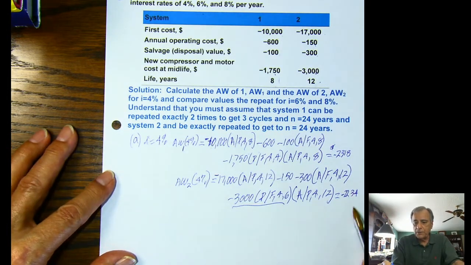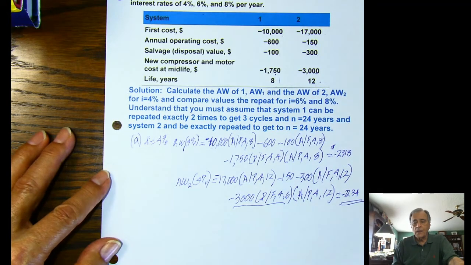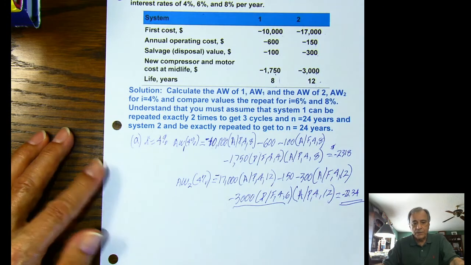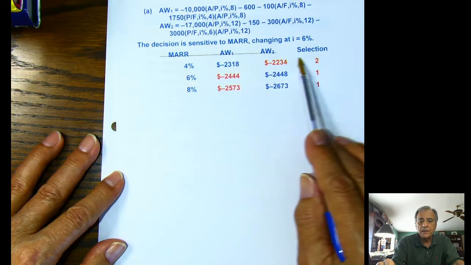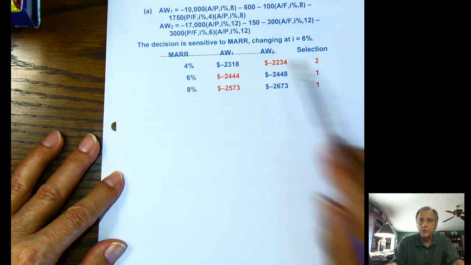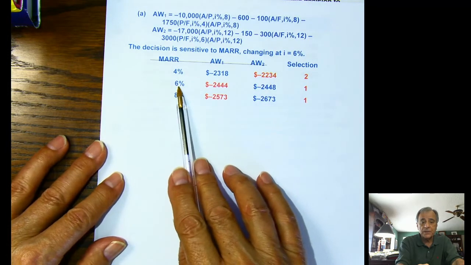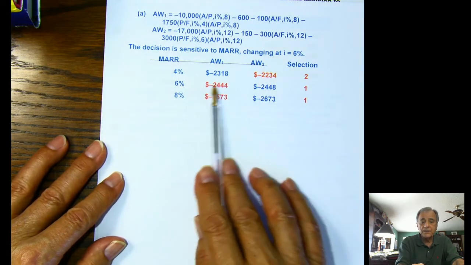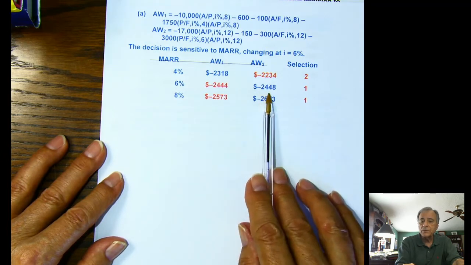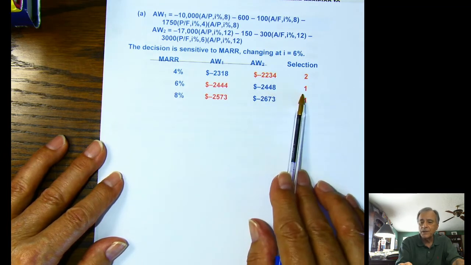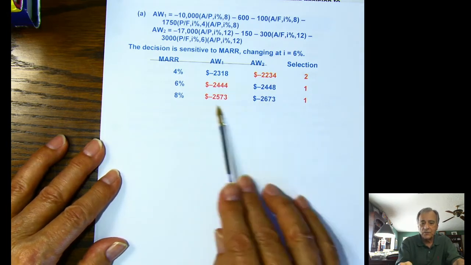And the lower of those two costs then is this one. So the better solution at 4% is system 2. But if you go to 6%, then this one is minus 2,444 a year. This one's 2,448. So system 1 is the better one.